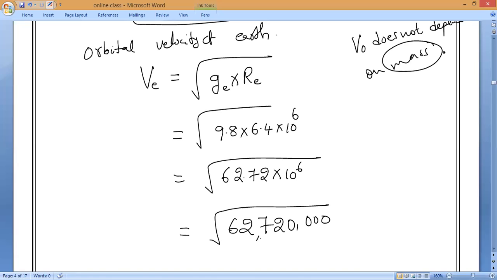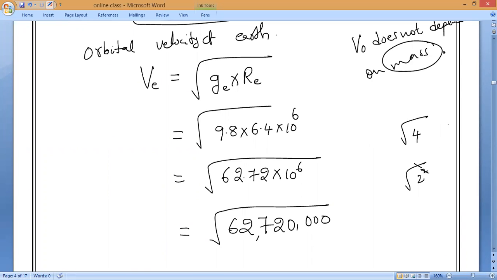Now let us come back. You have to find the root of this value. Suppose root 4: 4 is 2 squared, so the square and root get cancelled.